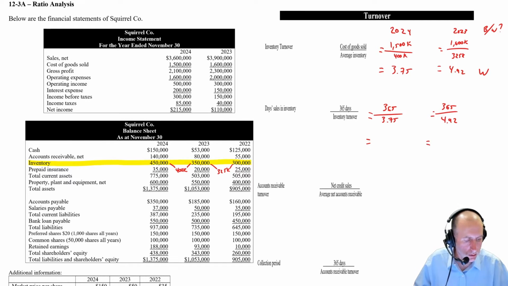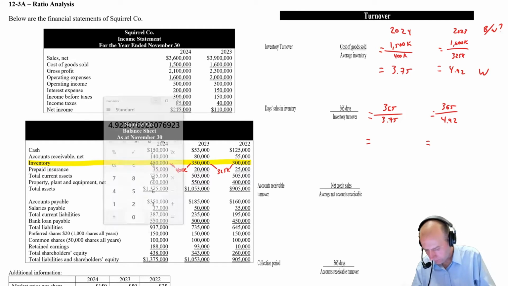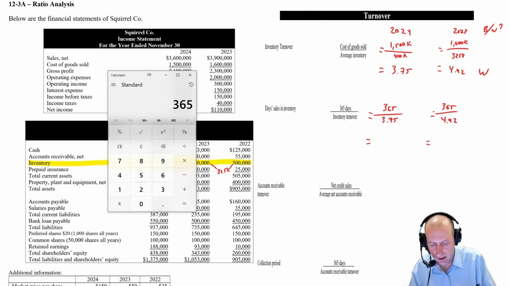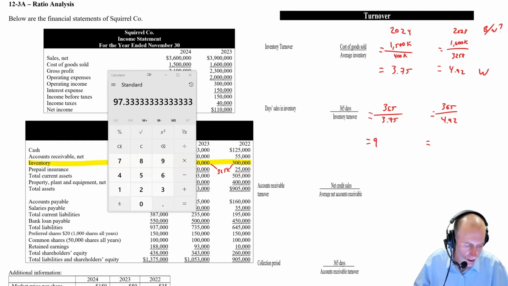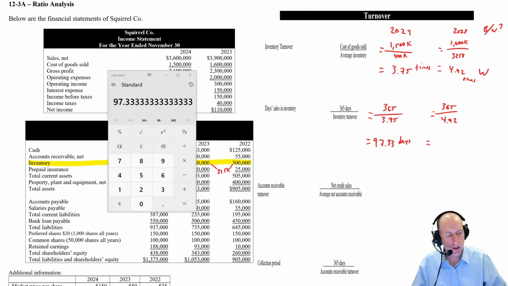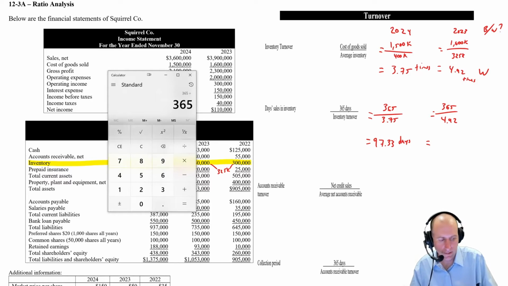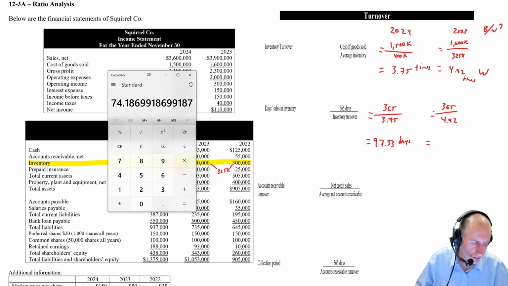Let's compute those numbers. 365 divided by 3.75 gives us 97.33. This is days. Turnover we measure as times, the number of times you turned over your inventory. This is the number of days it took. 365 divided by 4.92, last year was 74.2 days.